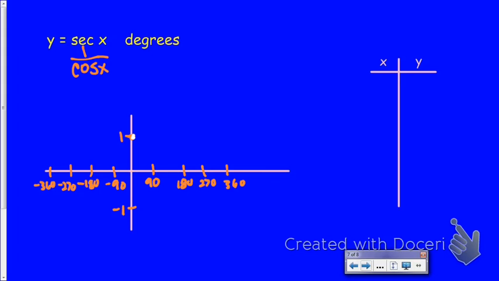So I'm just going to plot those dots here. It went high, middle, low, middle, high, middle, low, middle, high. So that's the points of my cosine function.